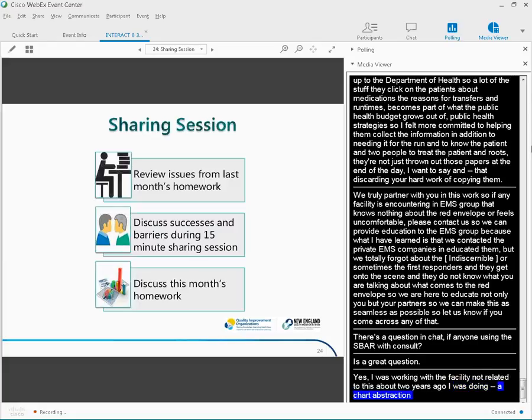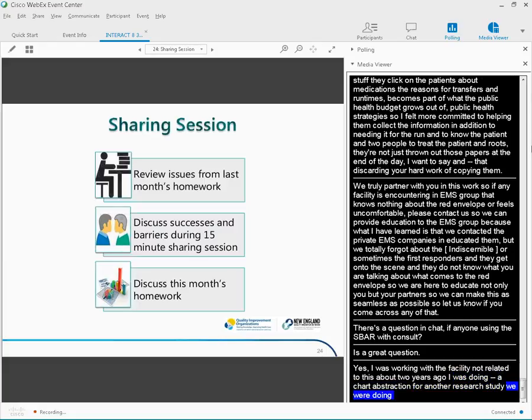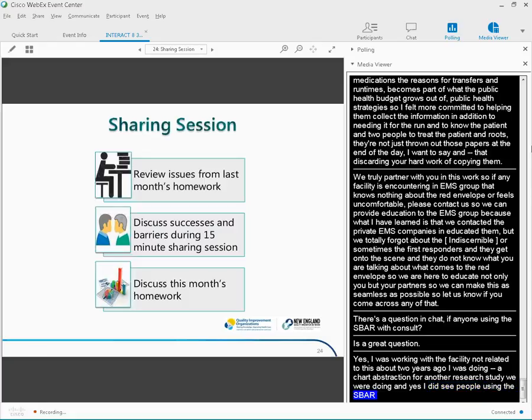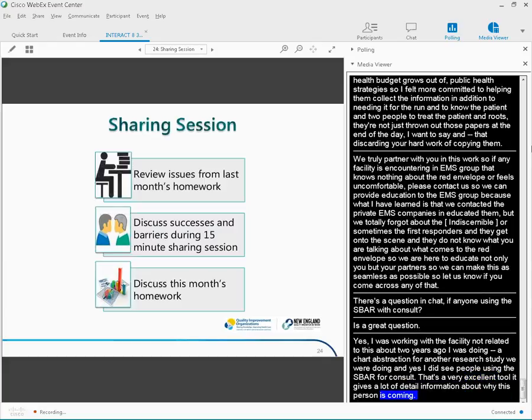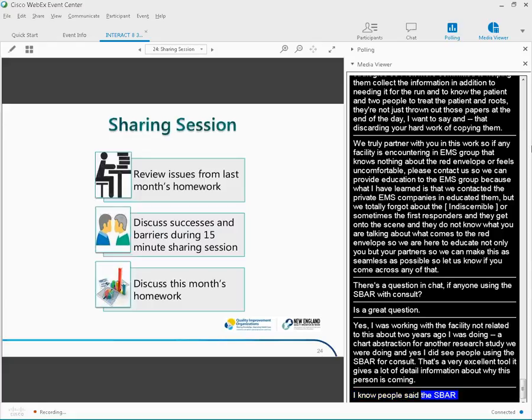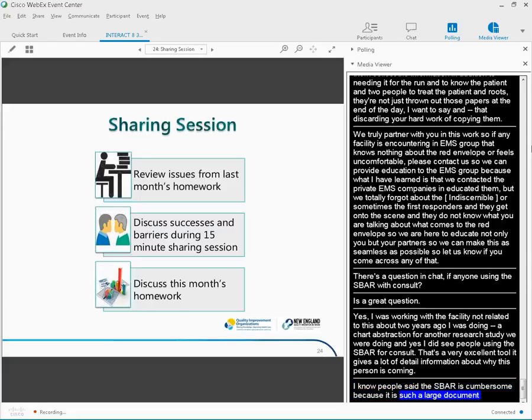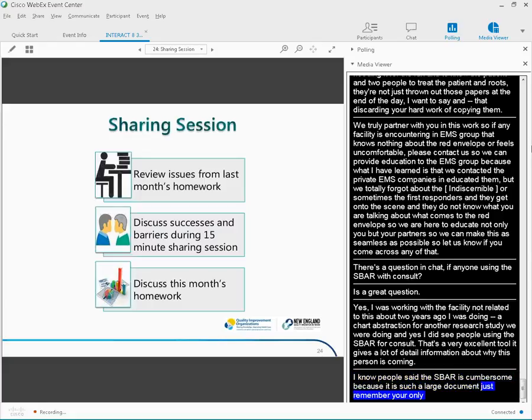And yes, I did see people using the SBARs for consult. That's a very excellent tool to use because it gives a lot of detailed information about why this person is coming. And I know people say the SBAR is cumbersome because it's such a large document. Just remember, you're only completing the parts that relate to the change in condition of why you're writing that document.